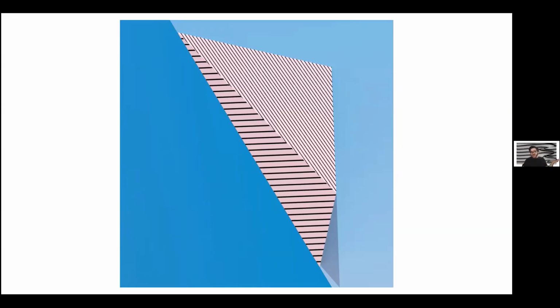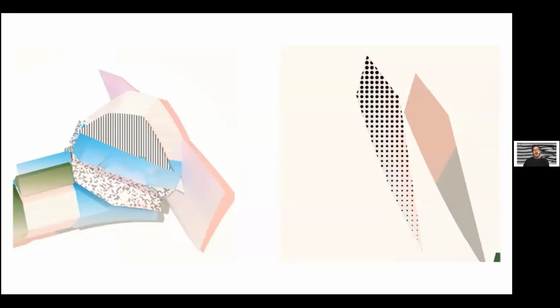This thing on the screen is a 2D composition. I consider it a piece of artwork, and it was generated by an algorithm. And interestingly, it was generated by the algorithm that also produced these two compositions, and also all of these compositions.